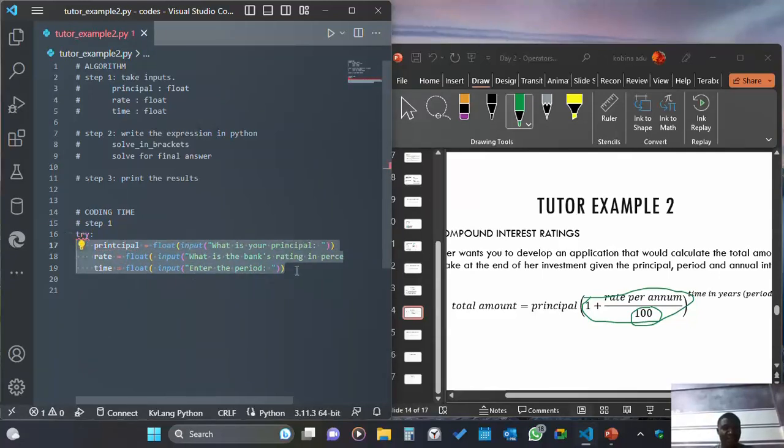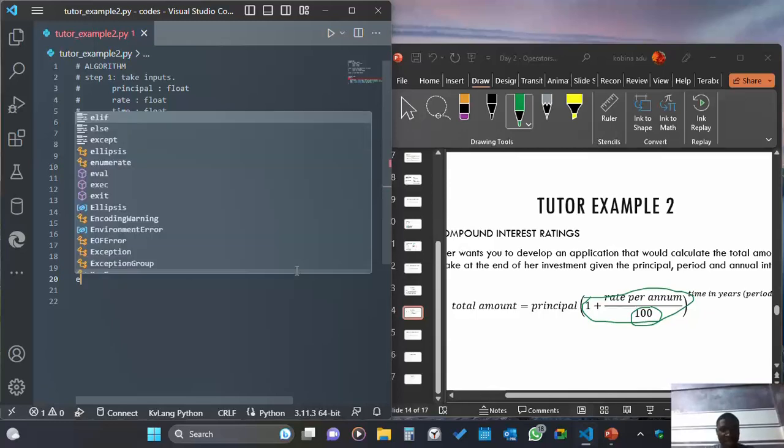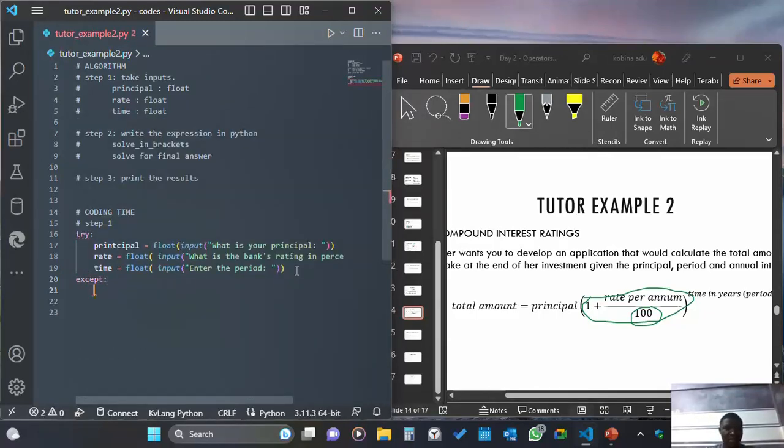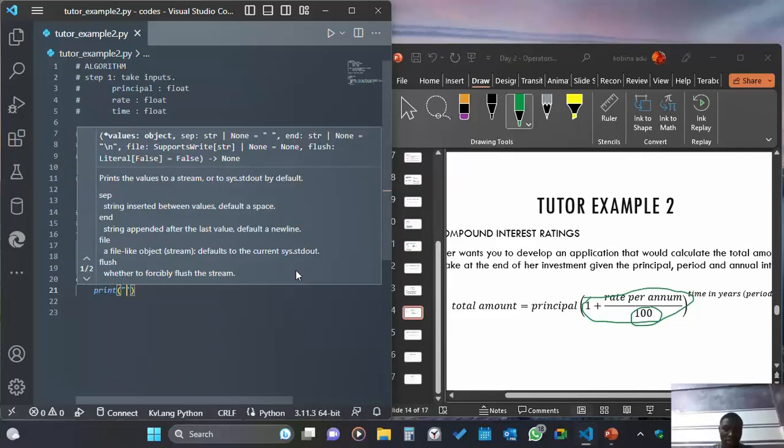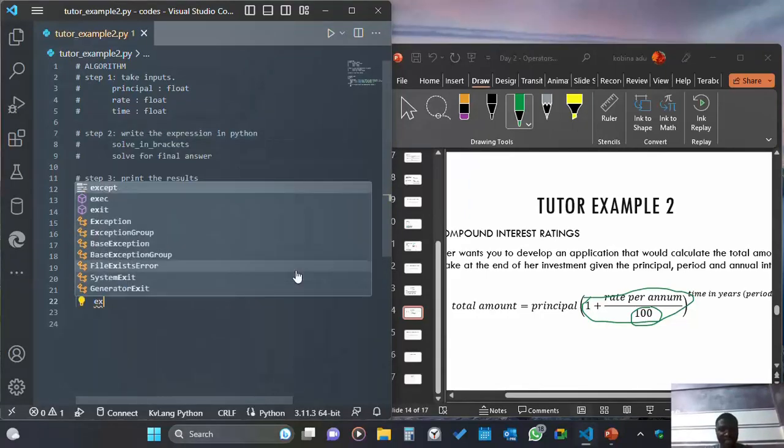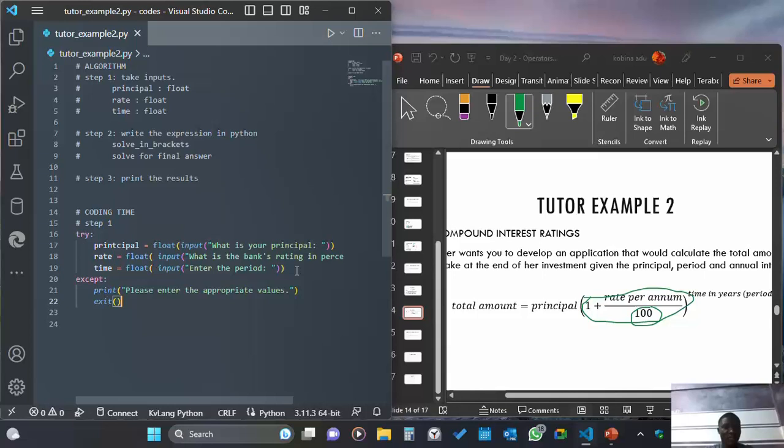Now in case it fails, except this. So print please enter the appropriate values. Okay, then when it's done with this, it should what? Exit from the app, so that we don't.